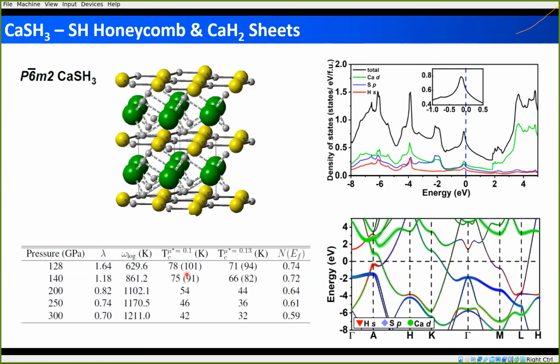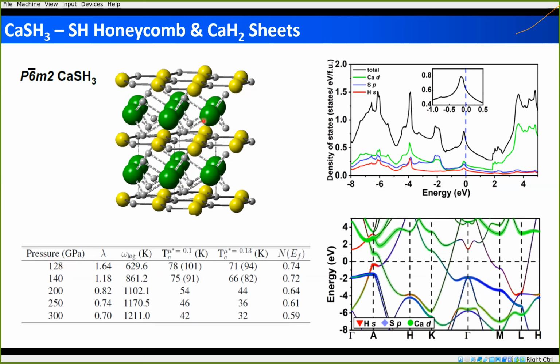So the electron-phonon coupling increases, and the calculated Tc increases by about a factor of 2. So depending on what approximation you use, you might get up to Tcs that are close to 100 Kelvin at about 125 gigapascals or so.